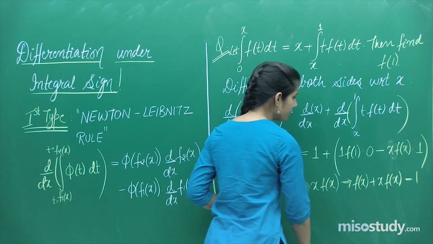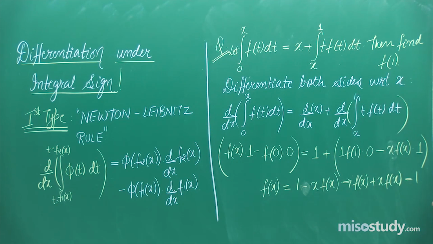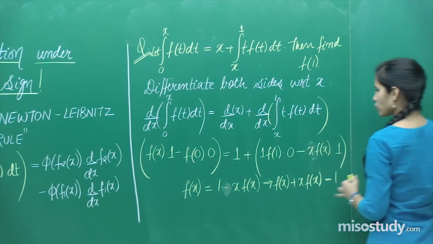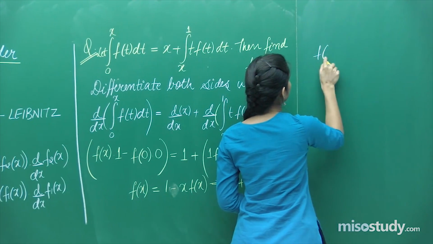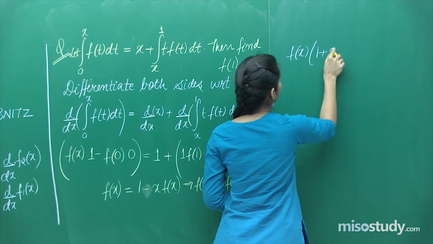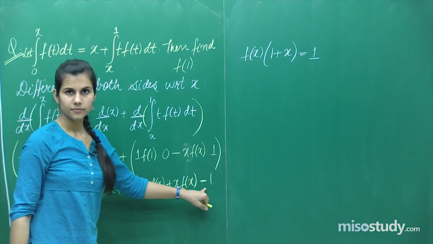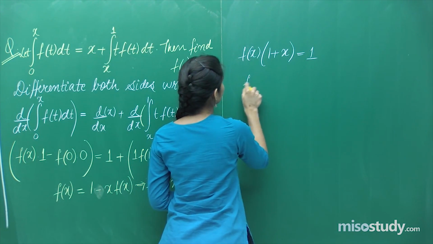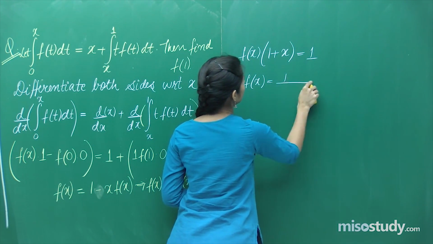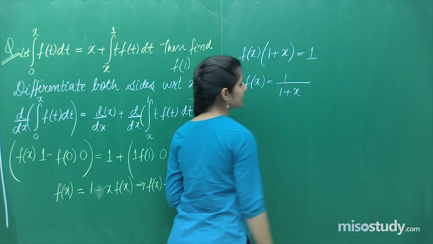Take out fx common, what you obtain is fx times 1 plus x equals 1, right? So fx is 1 upon 1 plus x.